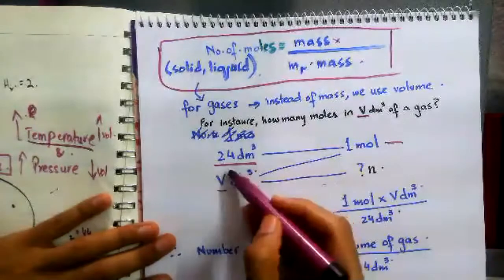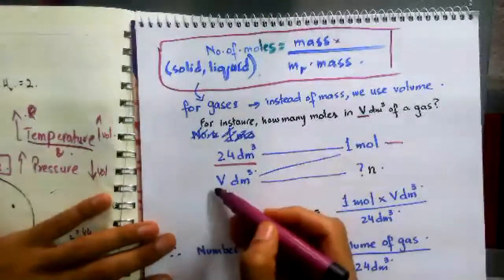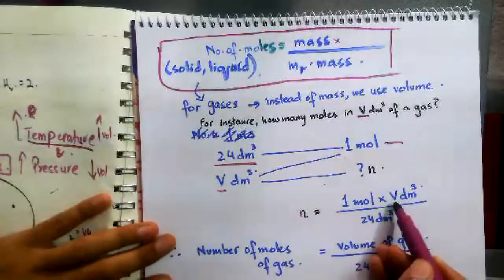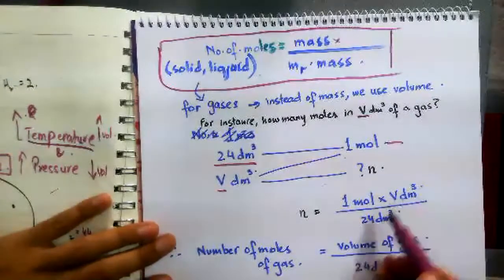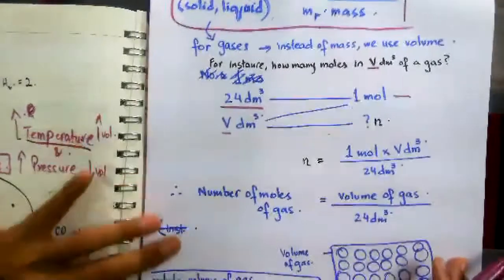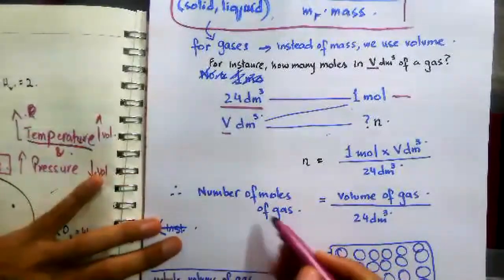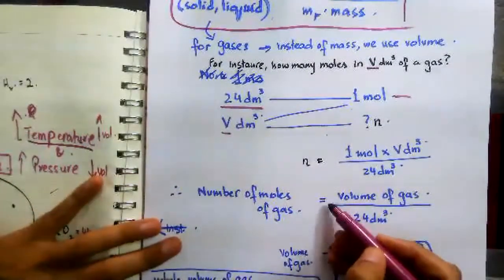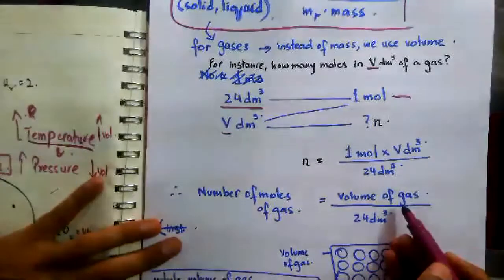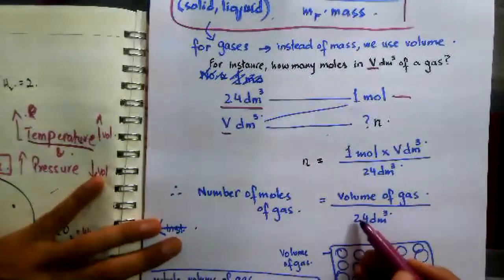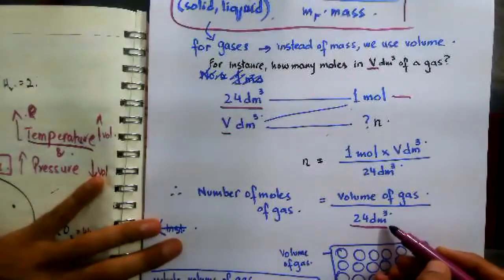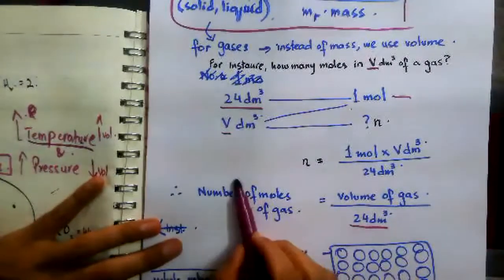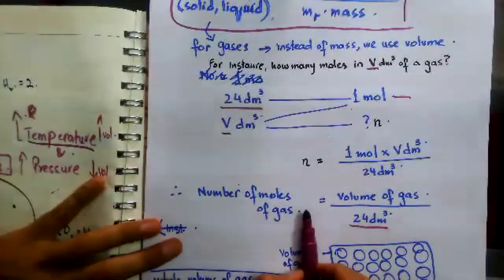I will multiply the values sitting across each other: V dm cube multiplied by 1 mole divided by 24. So this is the formula for the number of moles of gas: you divide the volume of the gas by the molar volume, meaning the volume of 1 mole, which is 24 dm cube, and you will get the number of moles of gas.